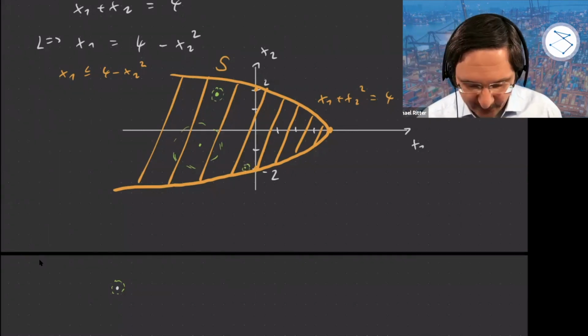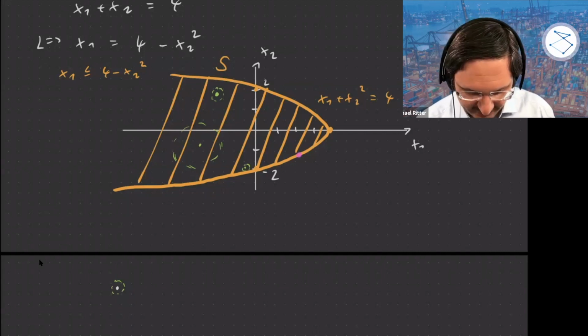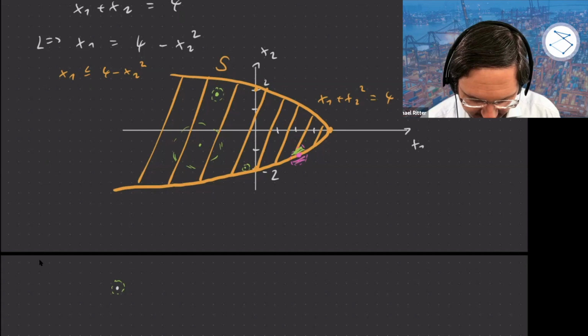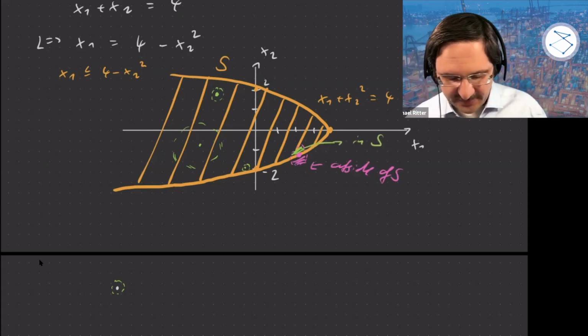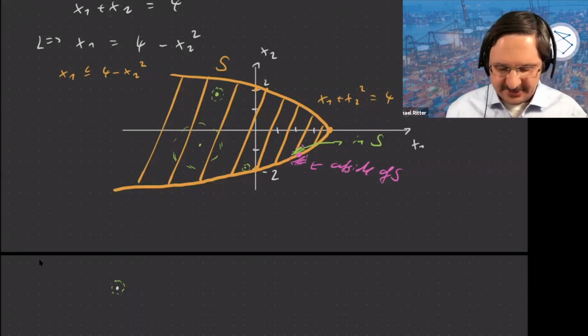It does not hold anymore for points on that line here, like this one, because for every disk I draw around this point, there'll always be points in the interior, so in the set S, and there will be points outside of the set S. So those are outside of S. Those are in S. No matter how small I make that disk, there's always points inside and outside of S in such a disk.